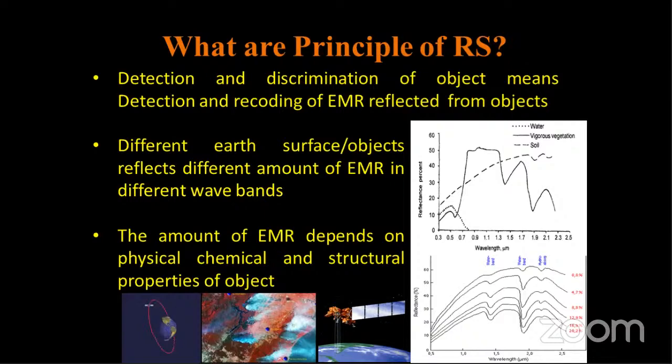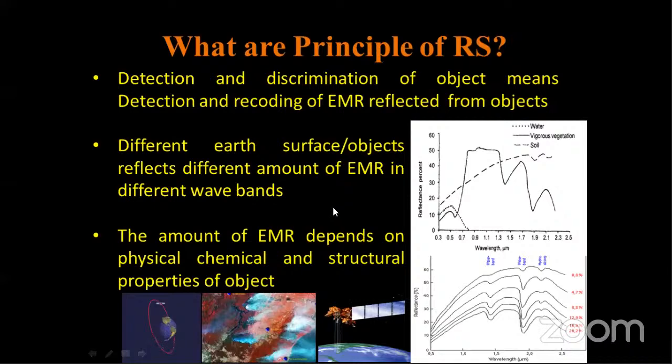Various satellites are at different heights and have different numbers of bands and band combinations, and based on this they are categorized as geostationary or polar satellites. A polar satellite revolves around the Earth, and a geostationary one revolves with the speed of the Earth.